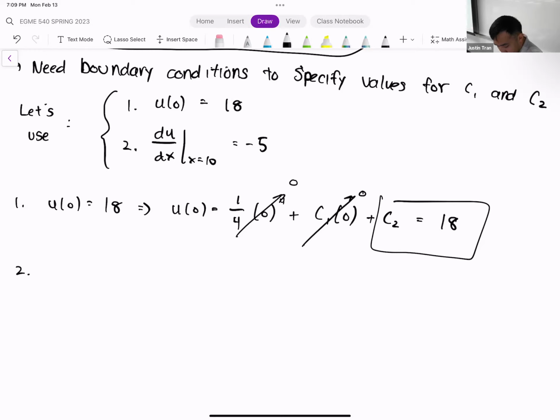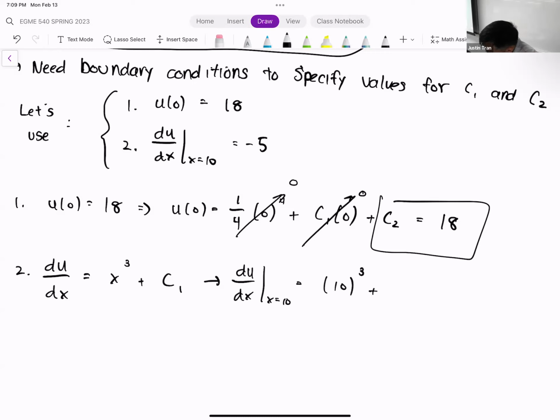Our other boundary condition, of course, is du/dx at x equal to 10 is equal to -5. So first, let's take du/dx. In this case it is x cubed plus C1. Let's plug in x equal to 10 here.